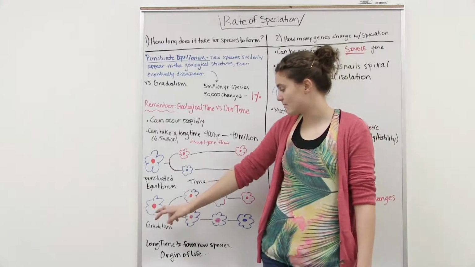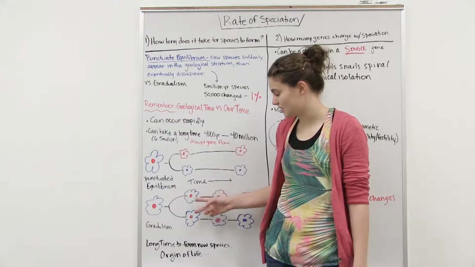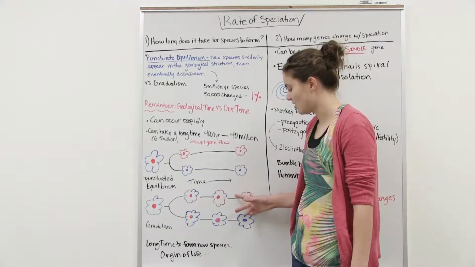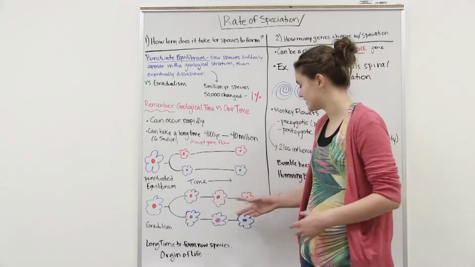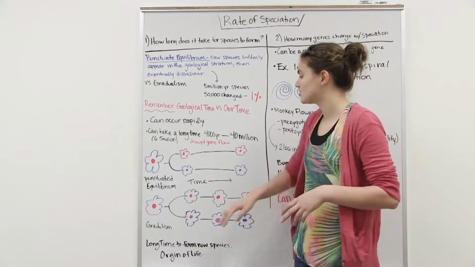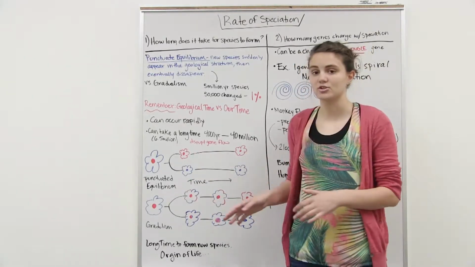Whereas with gradualism, in one rock strata we would see some slight differences between them as they slowly start to diverge. And then in another rock strata, we'd see more diverging characteristics, and then in the last, we would finally get to the two different species. So that's just describing how fast it occurs.